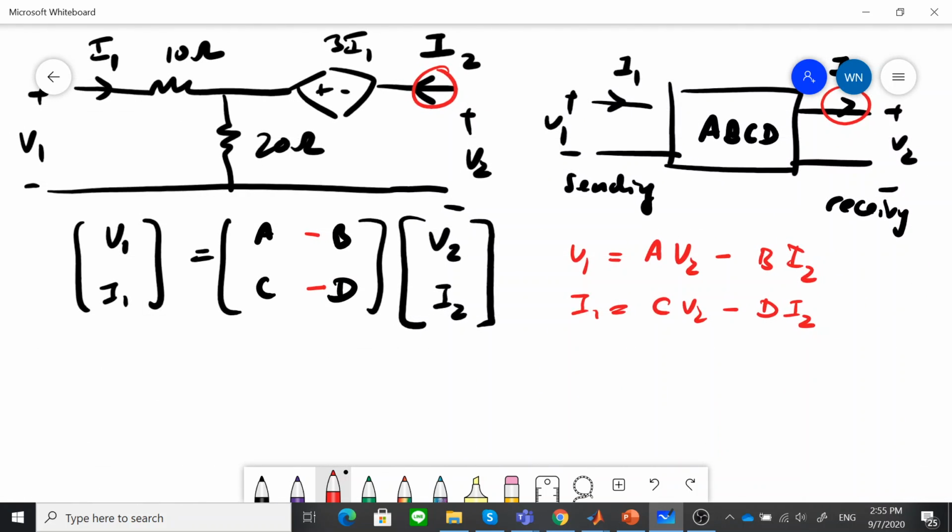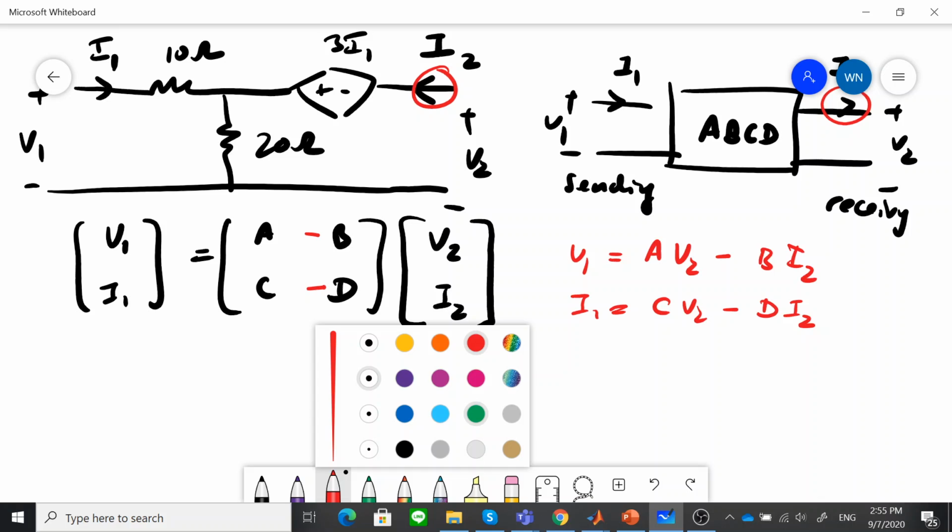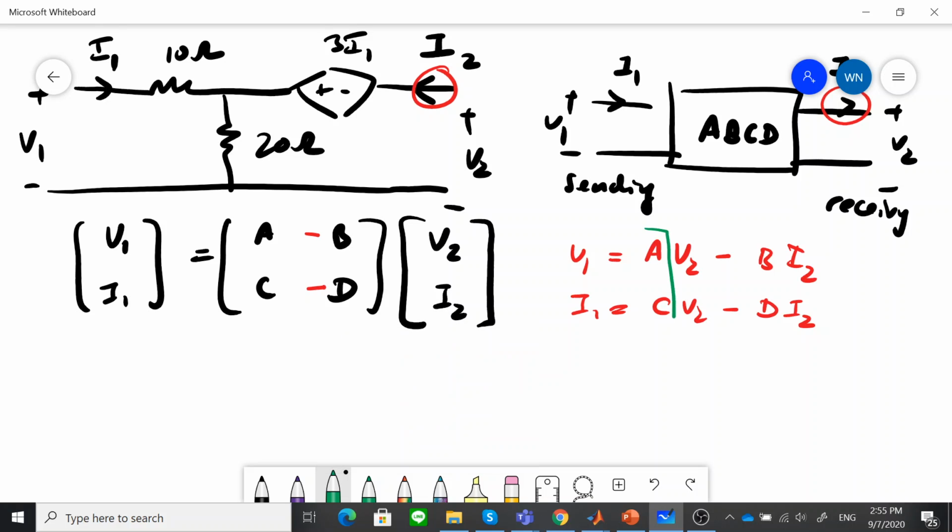Now if we want to find the parameters A, B, C, D, we use the definition. If you want to know these two first, A and C, how do we find A? I will just set I2 to be 0.